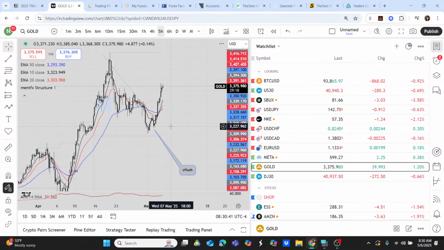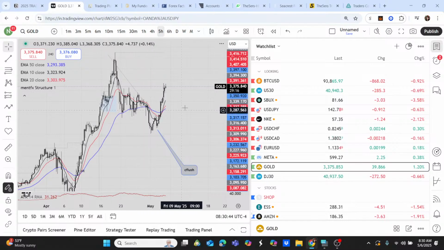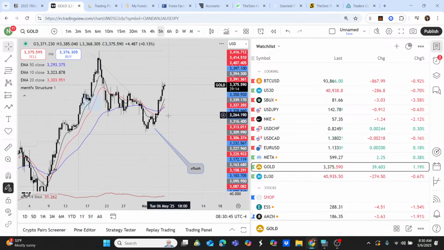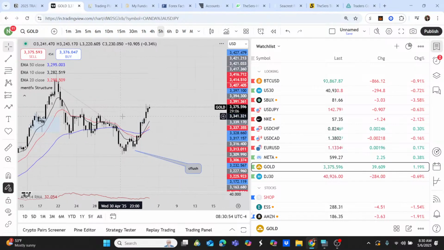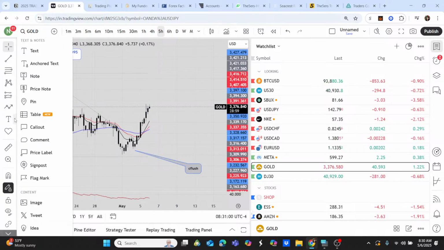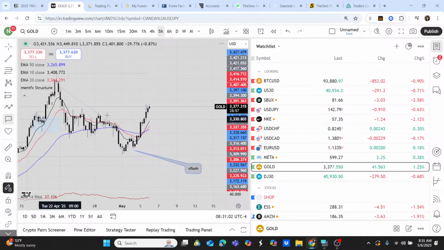Gold is starting to look clear in terms of what I'm looking for. So I said this before, what I was expecting. This was the flush, and I was waiting for price to start to make a move, right? And right here we have a potential context break of structure 1. We have that move. We paused right here.